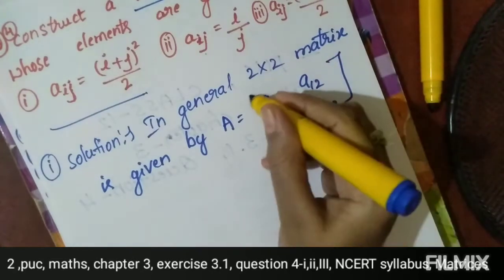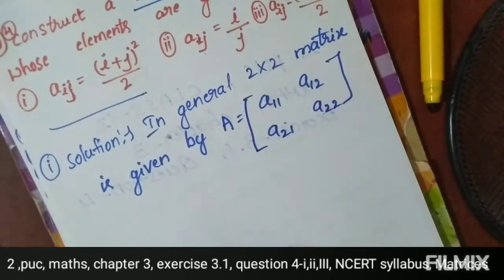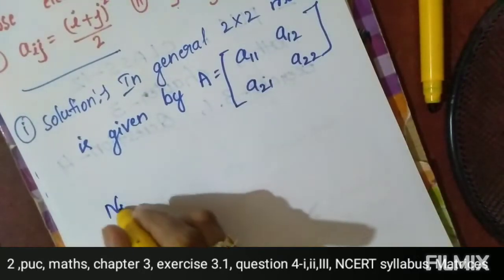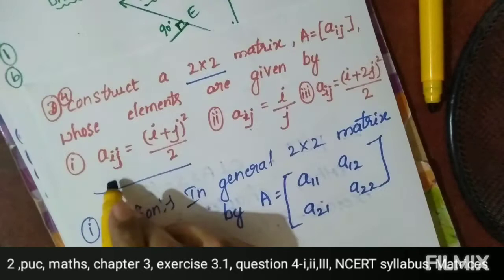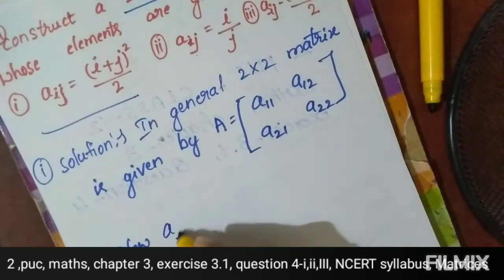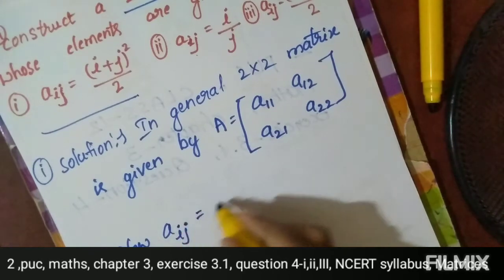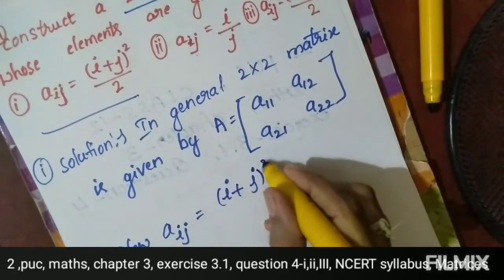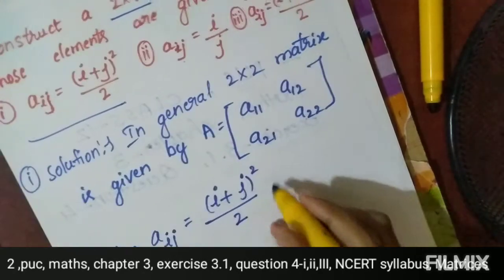In general, let us take this, and now first we take this element: aij equal to (i plus j) whole square divided by 2.